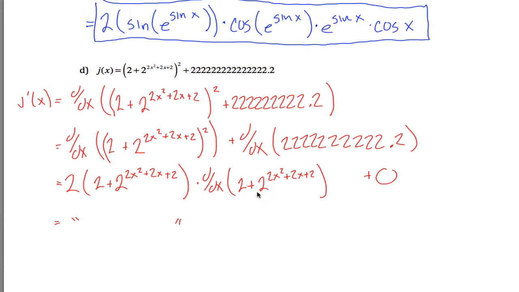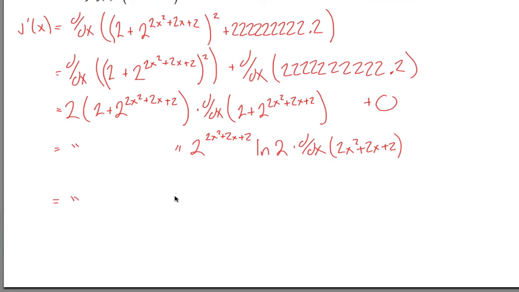So when I'm taking the derivative with this as the inside function, I'm going to write 2 to the something times the natural log of 2. But then I'm not done. I still have to multiply that by the derivative of that something, in this case 2x squared plus 2x plus 2.